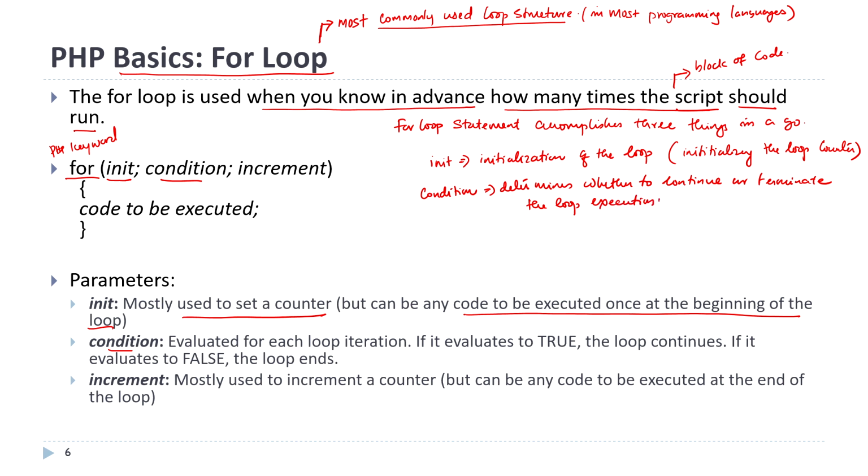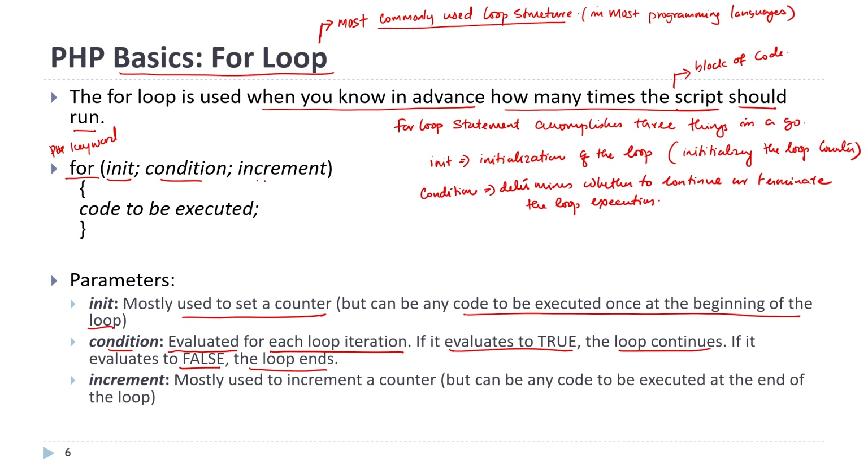So, we determine whether to continue or stop the loop execution. Whenever you go through each loop iteration, this condition gets evaluated, and if it evaluates to true, if the condition remains true, the loop continues. If it evaluates to false, the loop ends. So, that condition determines whether to terminate or continue the execution of the loop.